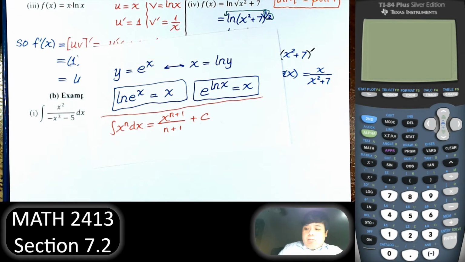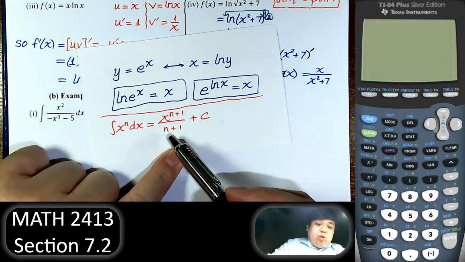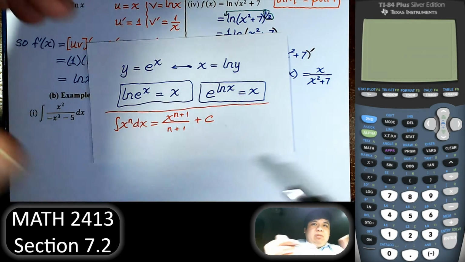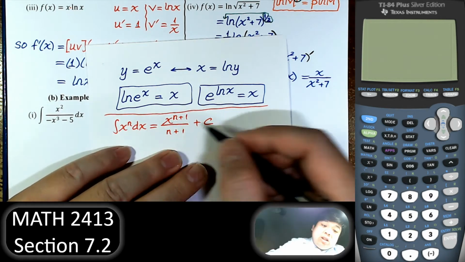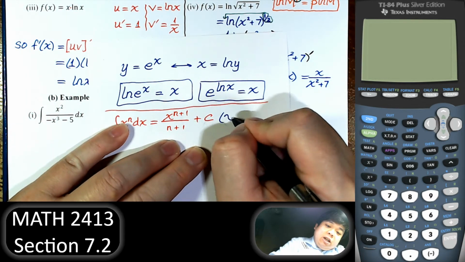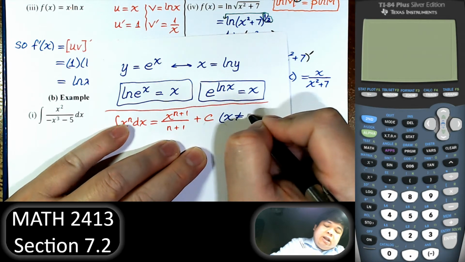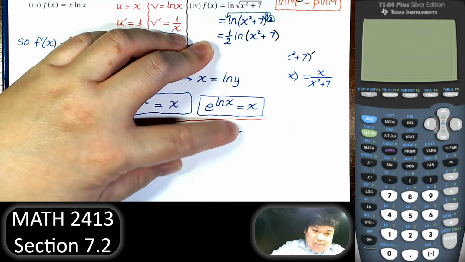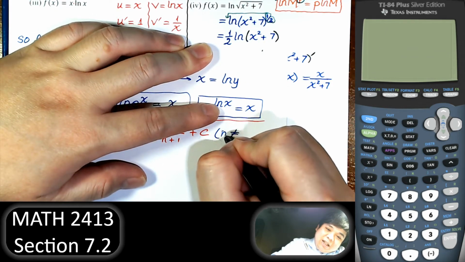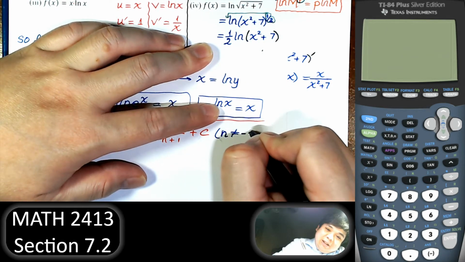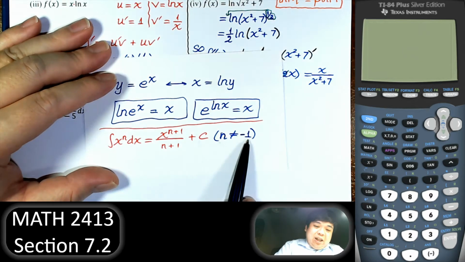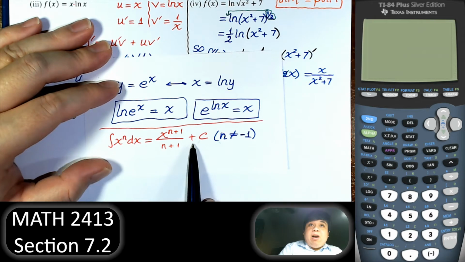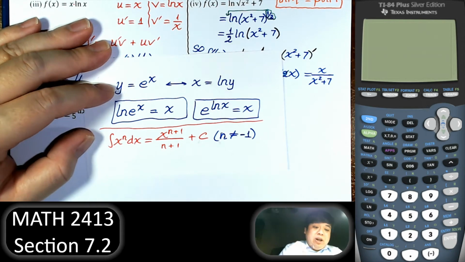Now it works perfectly, except when n equals -1. When n equals -1, we divide by 0, and of course we cannot divide by 0. So n is not equal to -1, because then there is 0 in the denominator, which is undefined.